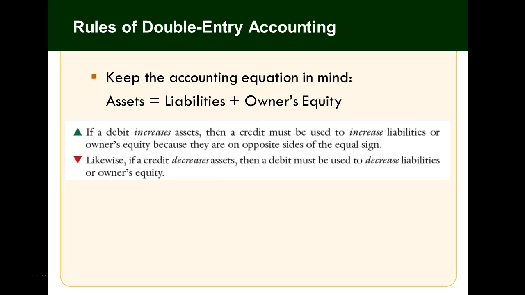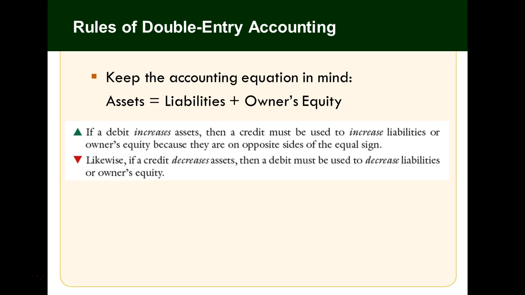If a debit, keying it to the left side, increases assets, then credits increase liabilities and credits increase owner's equity, because assets have to always equal liabilities plus owner's equity, okay? If credits decrease assets, okay?